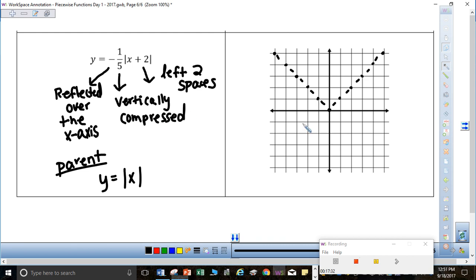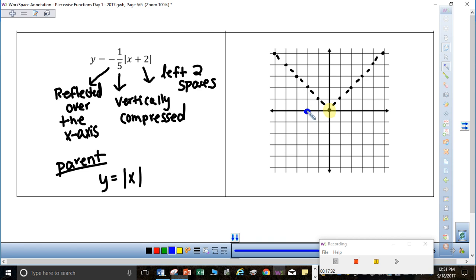Okay, so let's, kind of like we did with our parabola, let's think about our vertex point first. That is going to move to the left 2 spaces. It's going to be flipped over the x-axis, so the V shape is going to be going down like this. And then here's actually what we do with the 1/5. The 1/5 actually gives us an idea about the slope of these 2 straight lines.